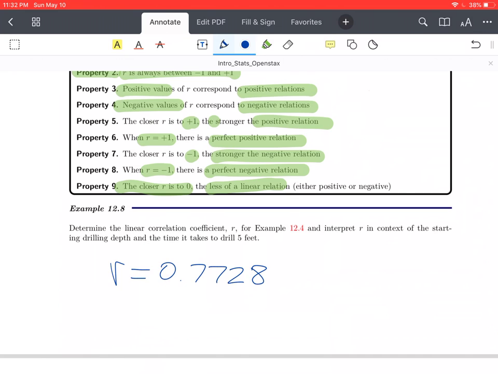So what does this tell us about the relationship between drilling depth and the time it takes to drill 5 feet? Well, this value is positive. Okay, so it has a positive linear correlation.